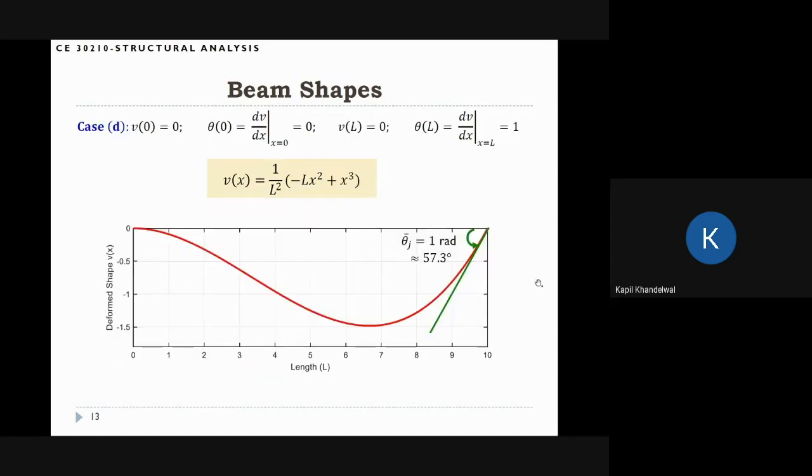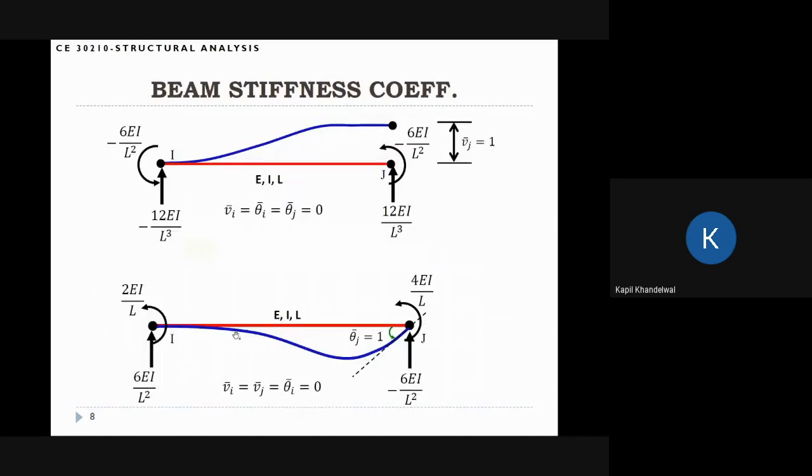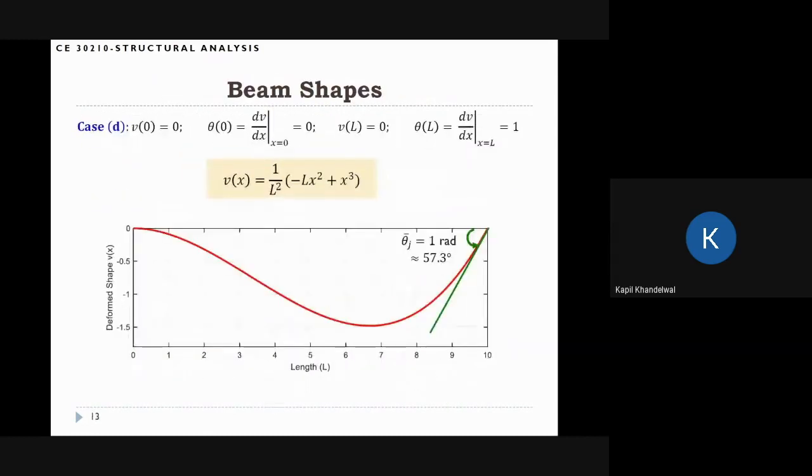And this is the final case in which theta j is 1. And this is the deformed shape, which corresponds to the last case here. Again, if we draw a tangent at this end, you will see that this rotation angle is around 1 radian, and that is around 57.3 degrees.